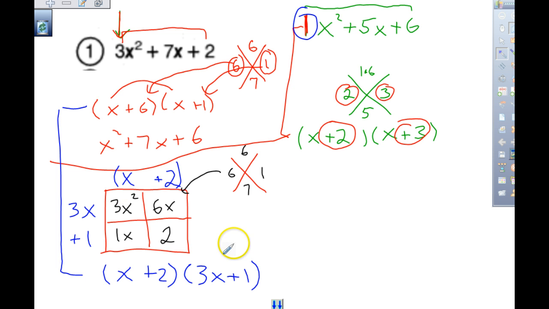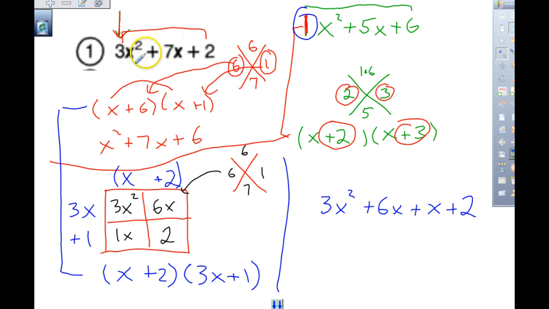You want to try to take a shorter route. There are ways of doing this without the box. Some people would say, well, I don't need to do the box. I just need to figure out that it's 3x squared plus 6x plus x plus 2. So they just go from here using the 7. Instead of having 7, use the 6 and 1. And then they just factor the first two and the second two, which is the same thing as factoring this row, factoring this row.